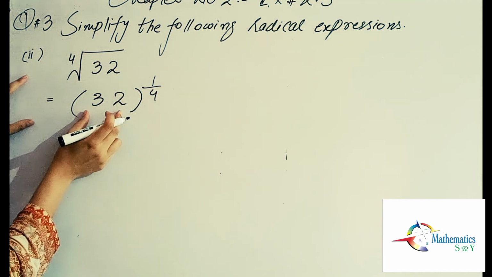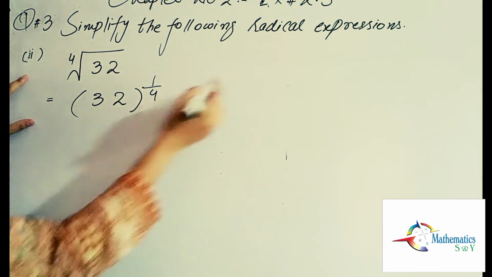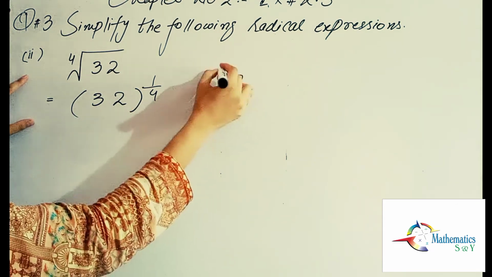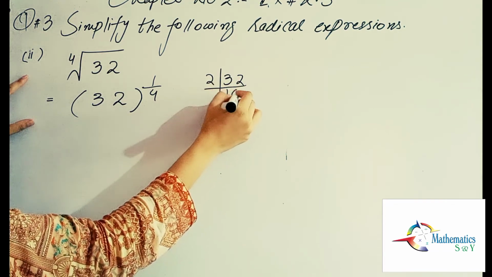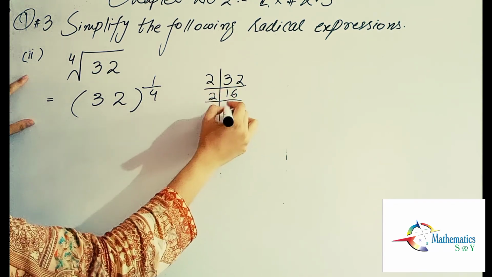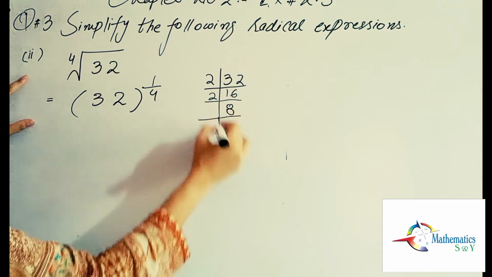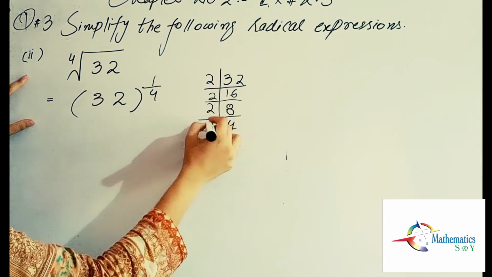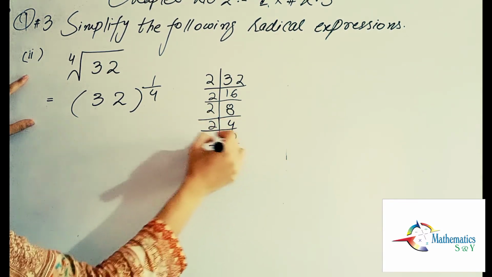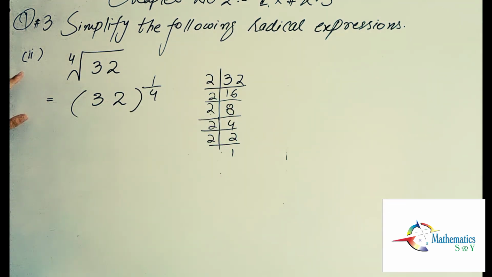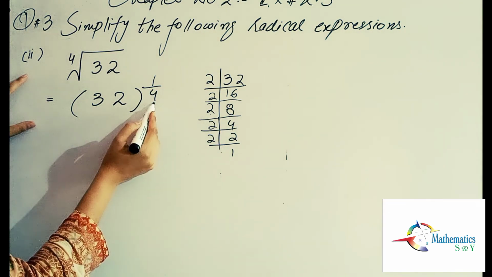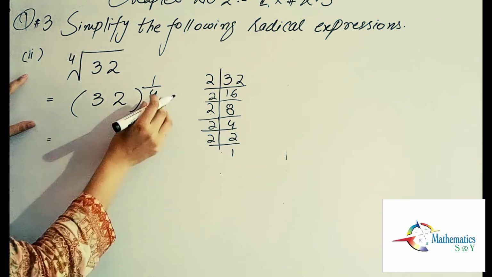Now in the next step we will make the factors of 32: 2 eight times, 2 four times, 2 two times and 2 one time. 1 2 3 4 5, so 5 times 2 is here. But here in the denominator, this is 4.